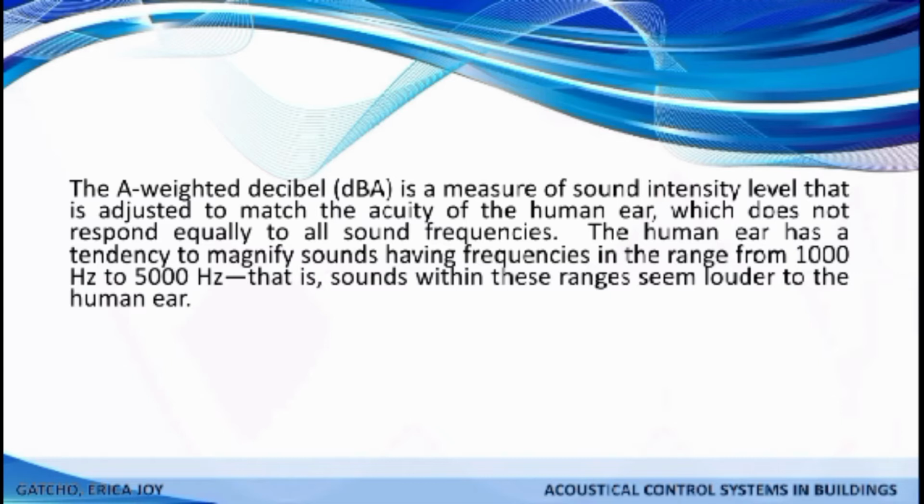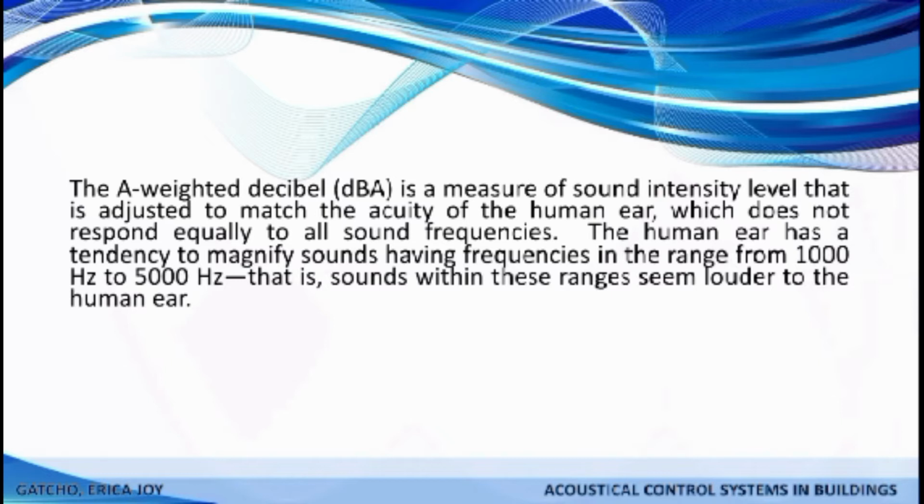The A-weight decibel is a measure of sound intensity level that is adjusted to match the acuity of the human ear, which does not respond equally to all sound frequencies. So, meron ding B-weight and C-weight, pero hindi siya ganong ginagamit.